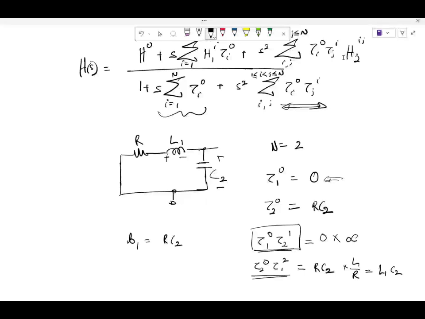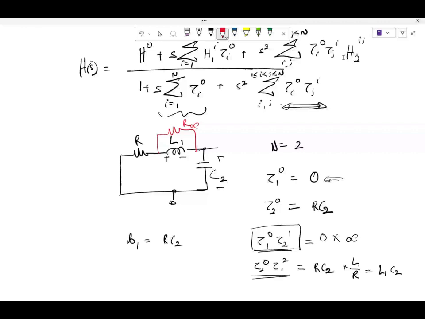So when you are doing things with an inductor and capacitor put together, you better choose your taus appropriately. If you want to be rigid about it, you can get around this problem by putting a resistor here, let's say R infinity, do your calculation using R infinity and then set R infinity to infinite.